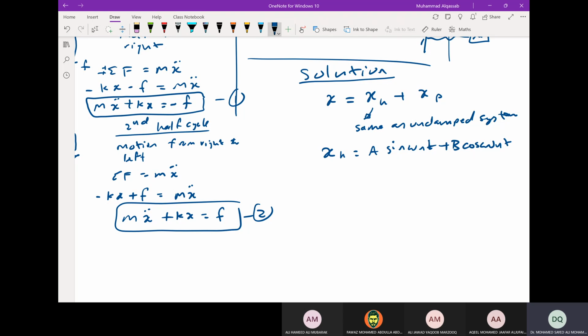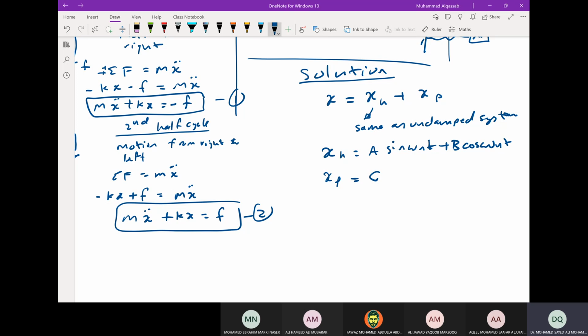You can go back to the beginning of the chapter on the undamped system and you will see that this is a solution, but we don't substitute for a and b here. A and b are to be found from the total solution, not from just the homogeneous. The particular should equal a constant c, because the right-hand side is constant.